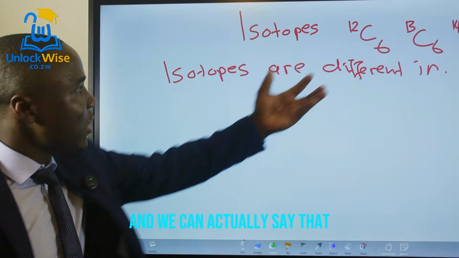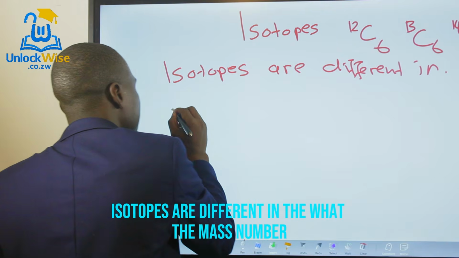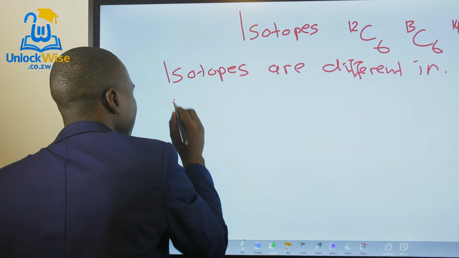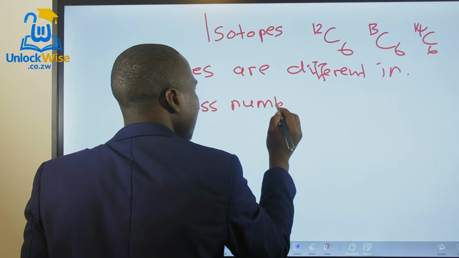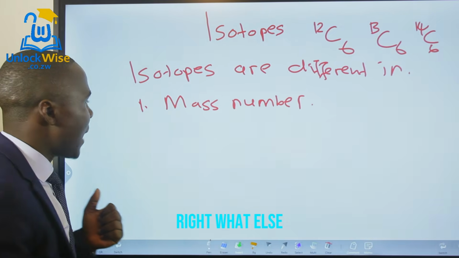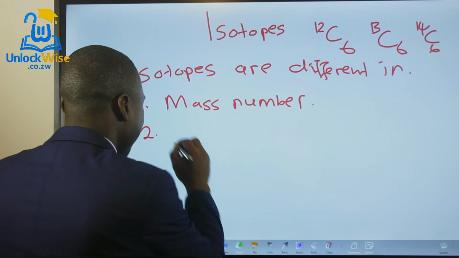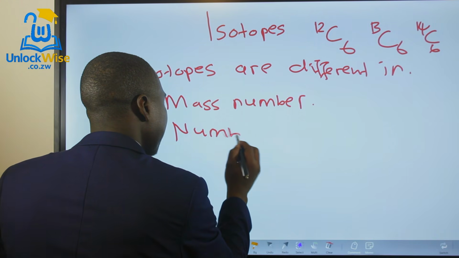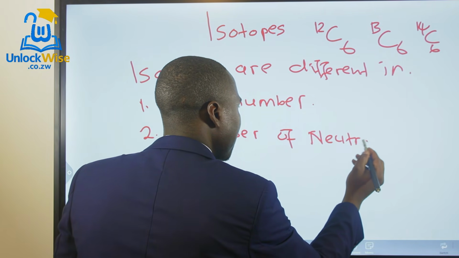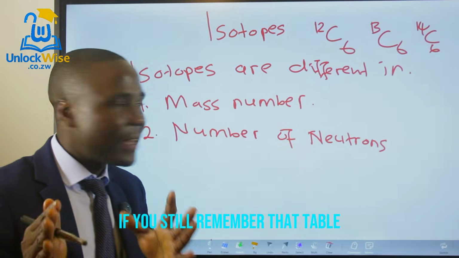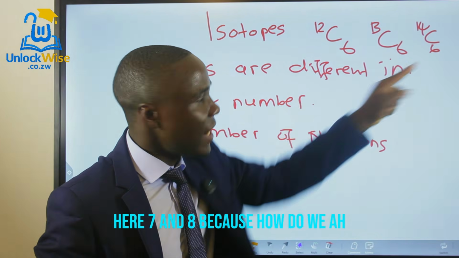And we can actually say that isotopes are different in the mass number. What else? The number of neutrons. If you still remember that table, we said the number of neutrons here is 6, here 7, and 8.